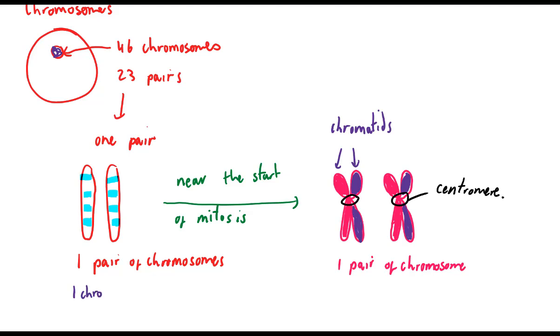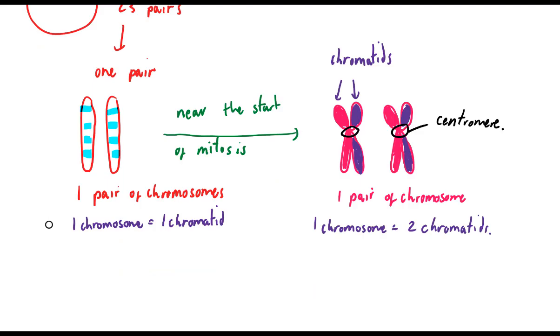So over at this side, one chromosome is just equal to one chromatid, but once they've copied, one chromosome equals 2 chromatids. So over at this side, we have got 2 chromosomes altogether, and we would just usually call them chromosomes.